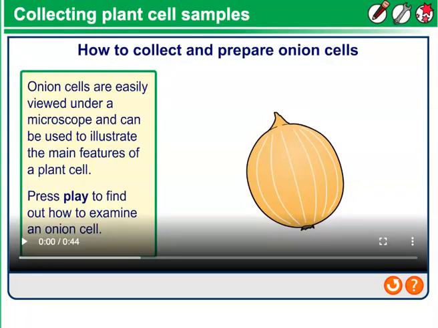So how do we go about collecting and preparing cells for observing them? Onion is a perfect example. Onion cells are easily viewed under a microscope and can be used to illustrate the main features of a plant cell.